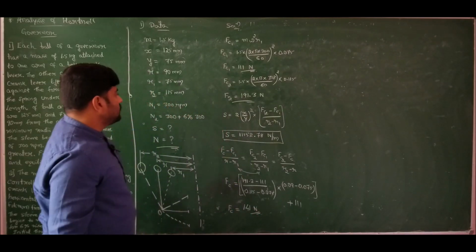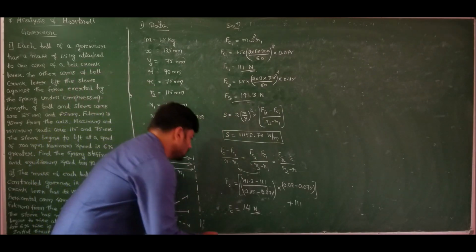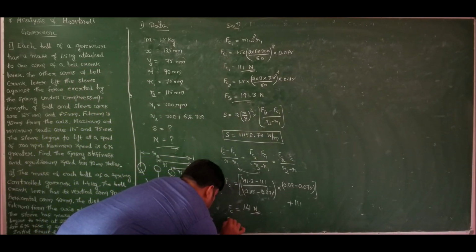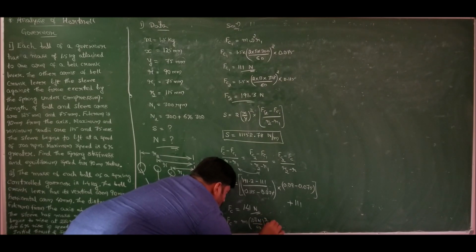Now I know the value of Fc, which is 141 newtons. Fc is equal to m omega square r, which I can write as Fc equal to m times (2 pi N by 60) whole square into r.